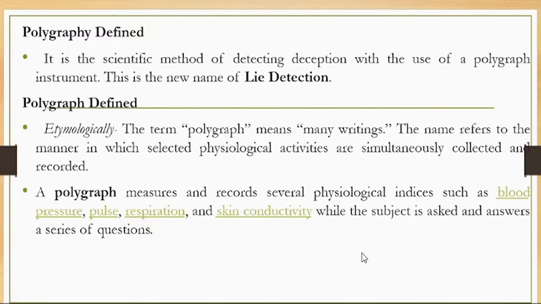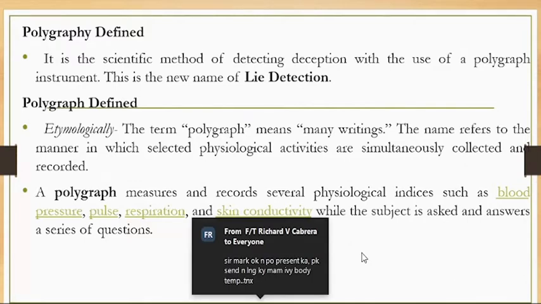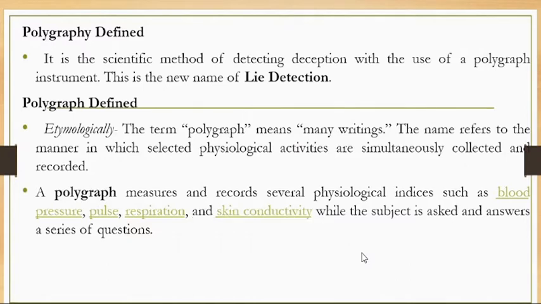The polygraph records through writings; it is transferred into a graph as a form of writing. That's why it is said to be many writings on the graph.